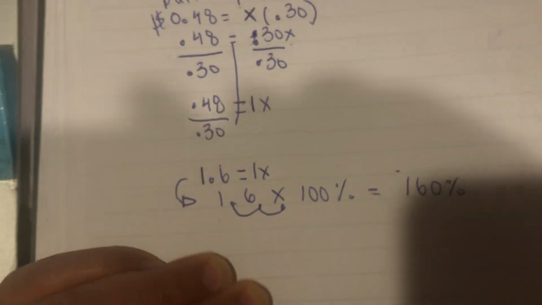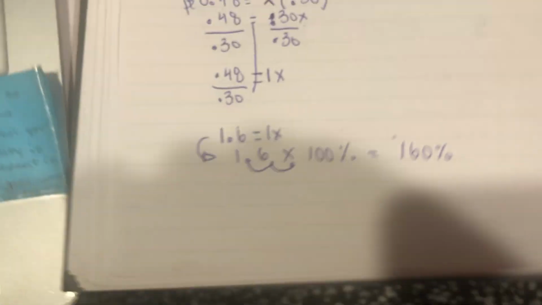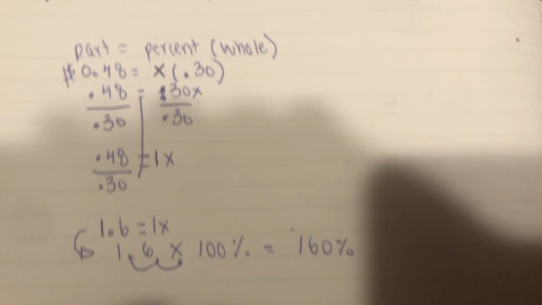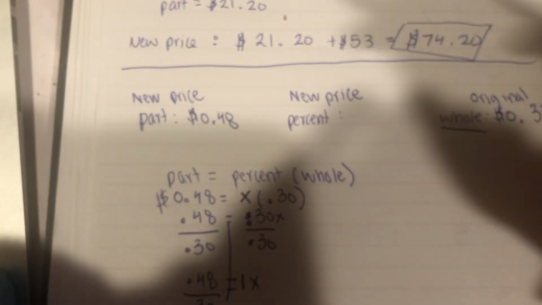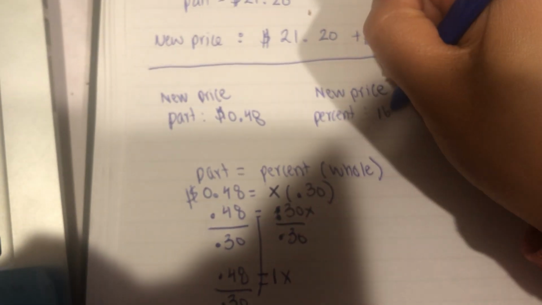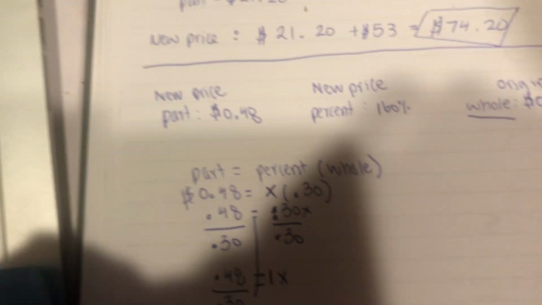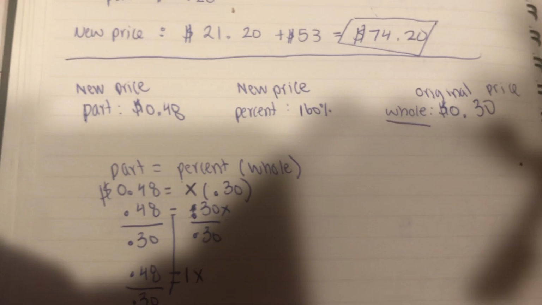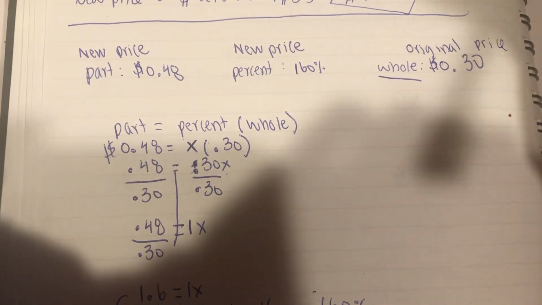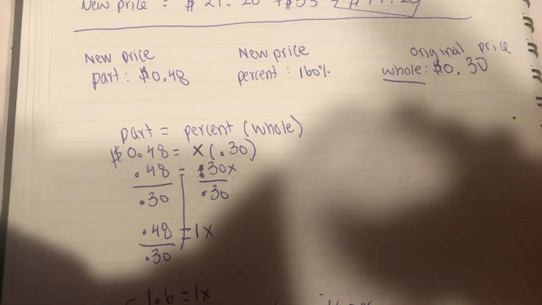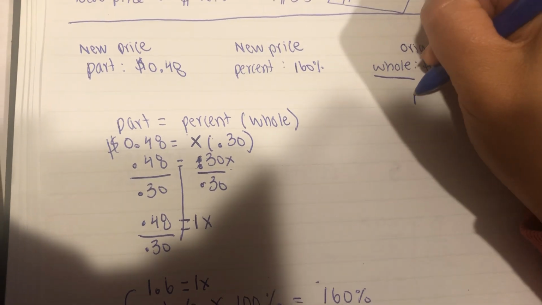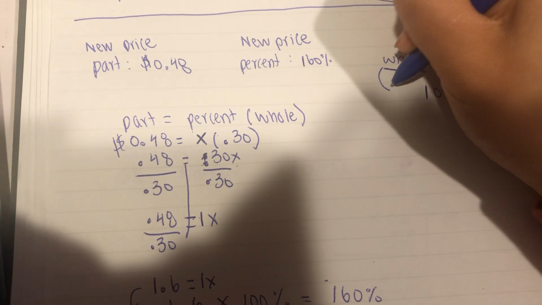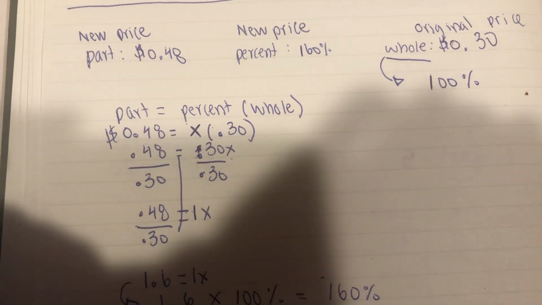Okay. Now, let's remember what I said earlier today. This percent represents the new price, 160%, right? Now, we actually are trying to find the markup, okay? So my whole, remember a long time ago we talked about that the whole is always at 100%.